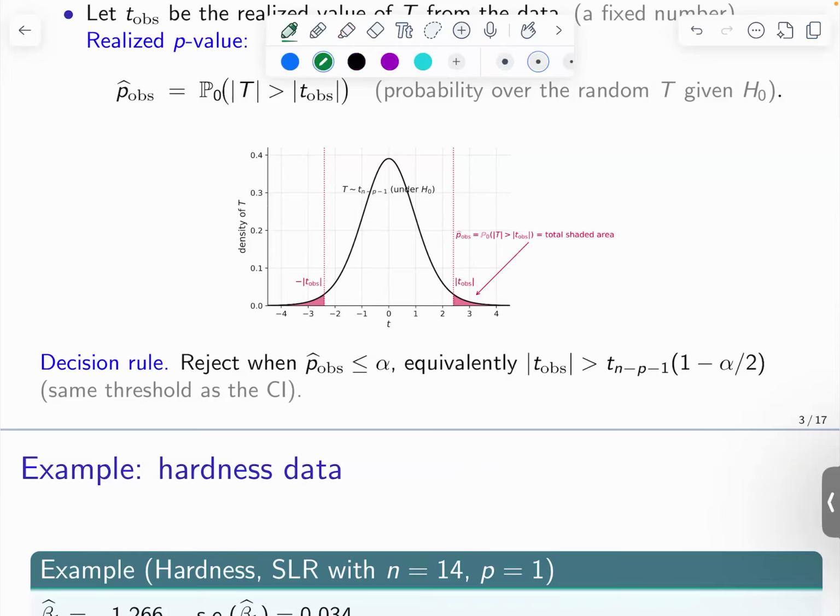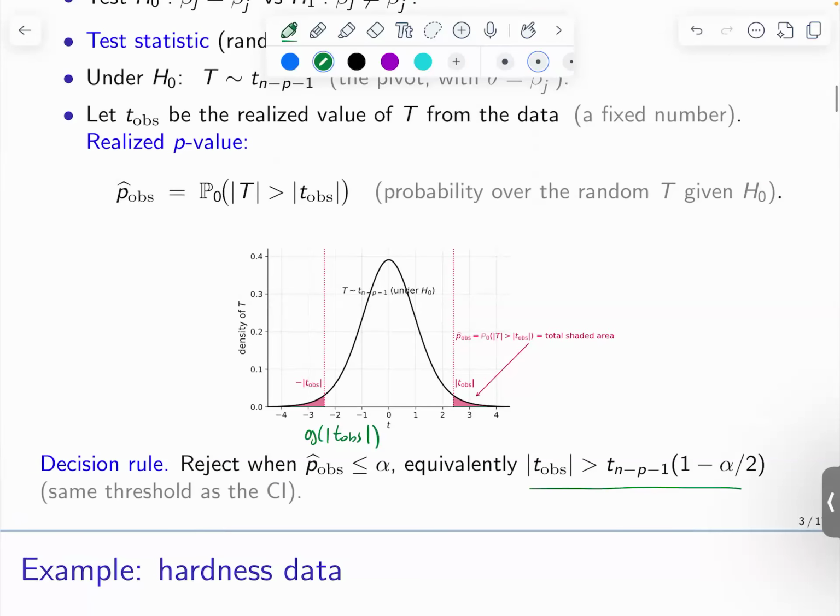If you rearrange it, you can see it's exactly equivalent to the absolute value of the observation being bigger than that threshold that we have seen come up so many times, the same threshold as in the CI. So either way is going to work. You can either say if the absolute value of the observation is bigger than that quantile of t, we reject, or you calculate the p-value and say the p-value is less than alpha.